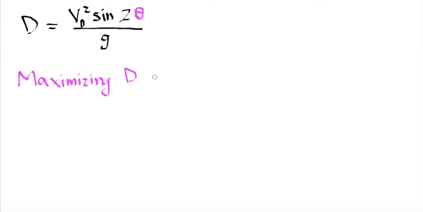For example, if theta were 0, then d would be 0. So that would not work, but we have to figure out the value of theta in order for d to be at its highest point.